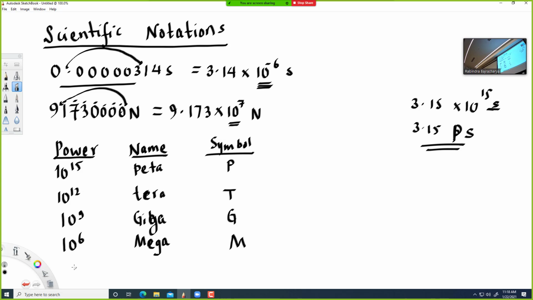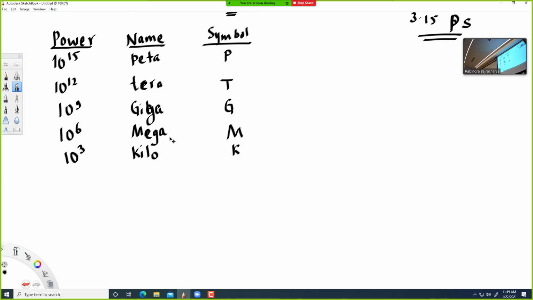If you have 10 to 3, it's kilo, small k. If you have 10 to negative 2, you should know that. That's centi, like centimeters, centigram.